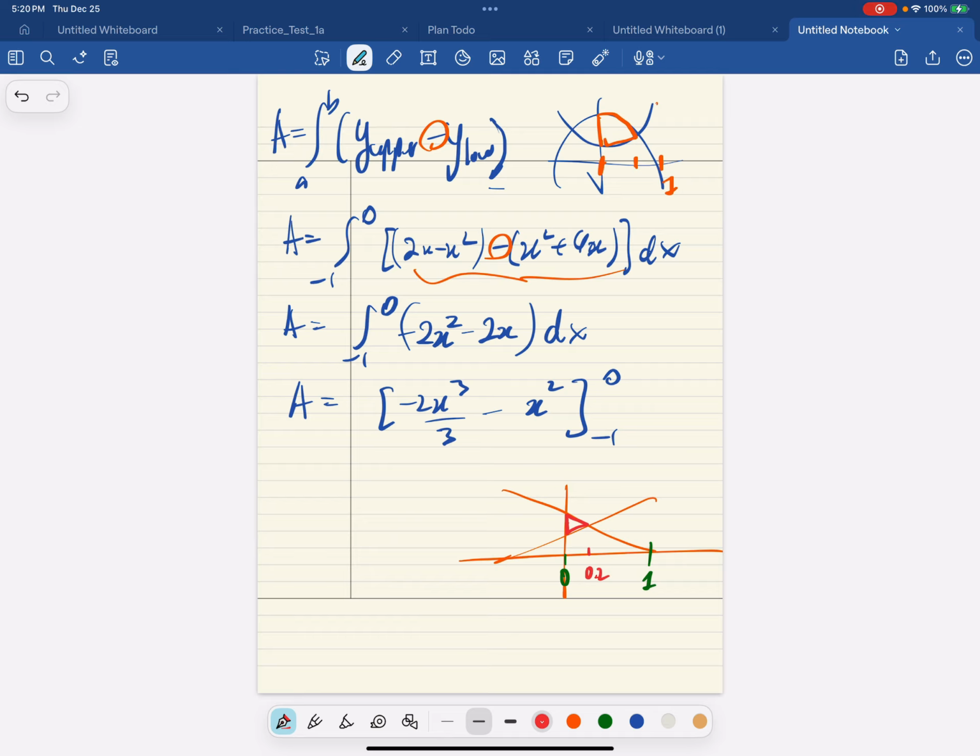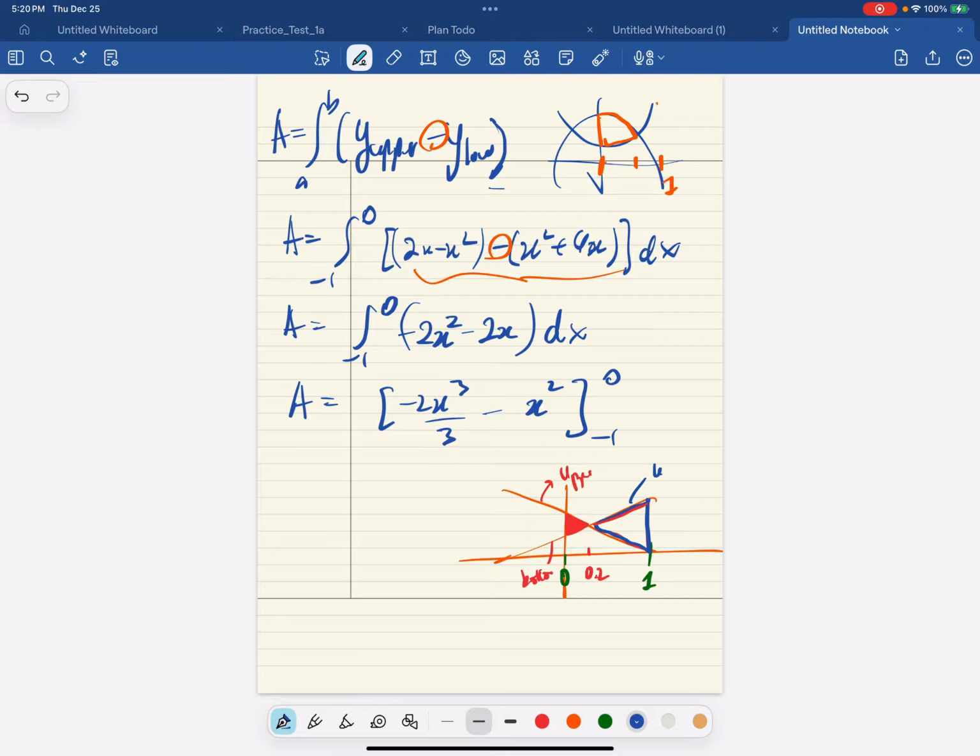From 0 to 0.2, the area in between, the top bound is this one, the upper, and the bottom one is this one. For the area in between, you have to do the top minus bottom. But then over here, all this region, it's the opposite.